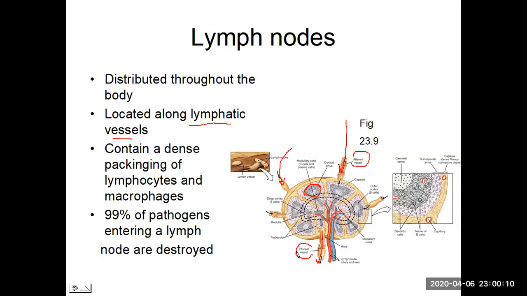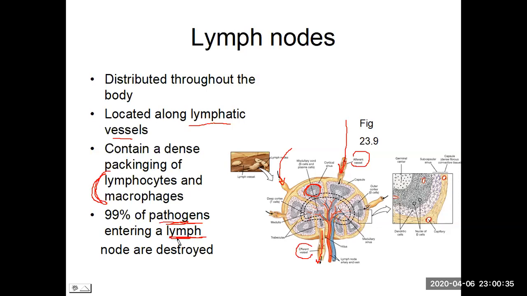And now, as the lymph passes through the area of each node, it's being exposed to those nodules. The lymph is being exposed to a large concentration of white blood cells. And the goal is, hopefully, that we can fight off infection that's in this lymph fluid.